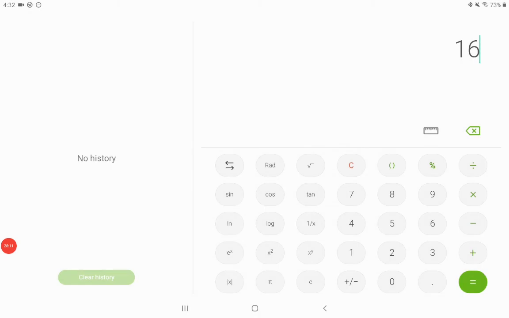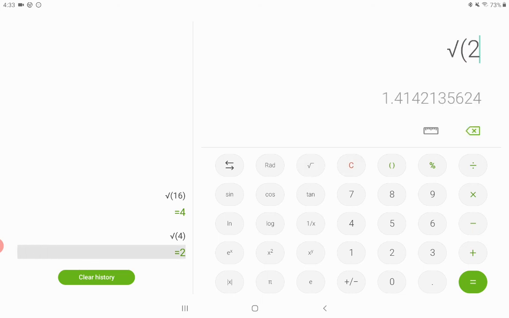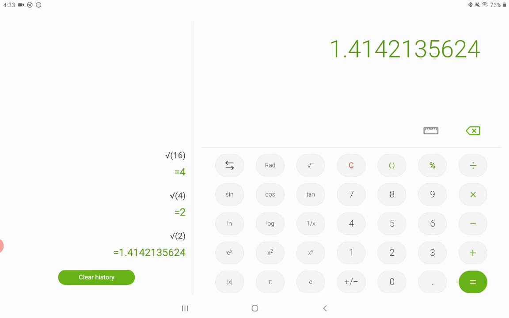So here I've pulled up a calculator, and I've just put in the first term 16, because I can start applying the square root of that. And I can see that that's 4. And then maybe I'd want to take the square root of the term that I just got, and I get 2. And then maybe I'd want to take the square root of the term I just got, and that's where the 1.414 is going to come from.